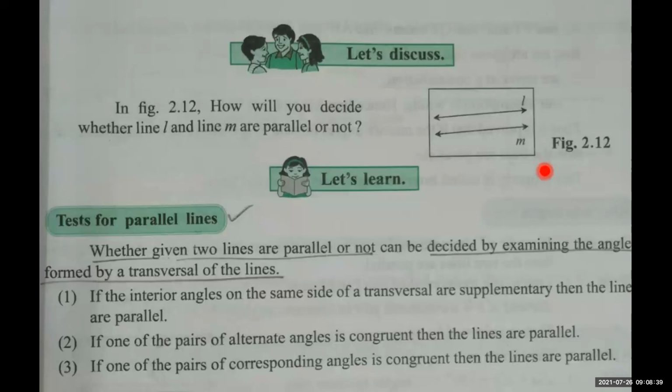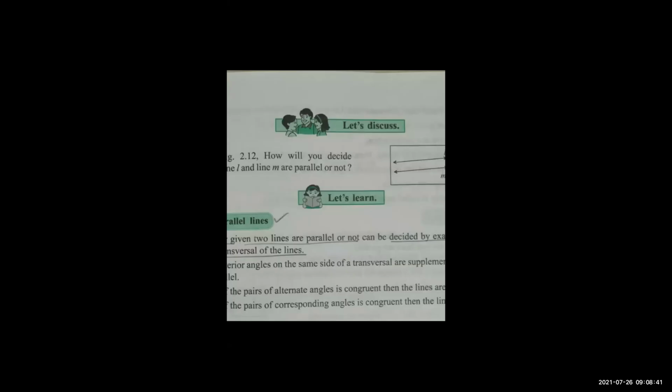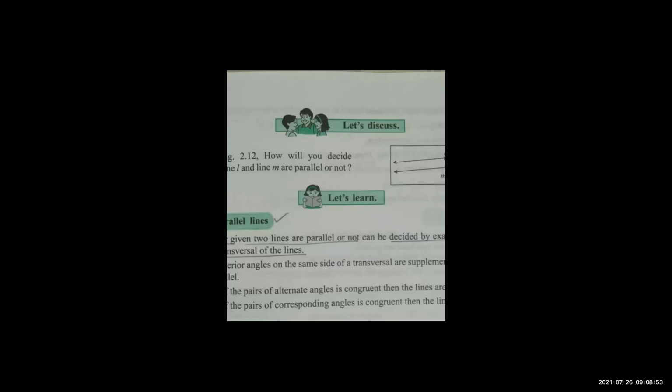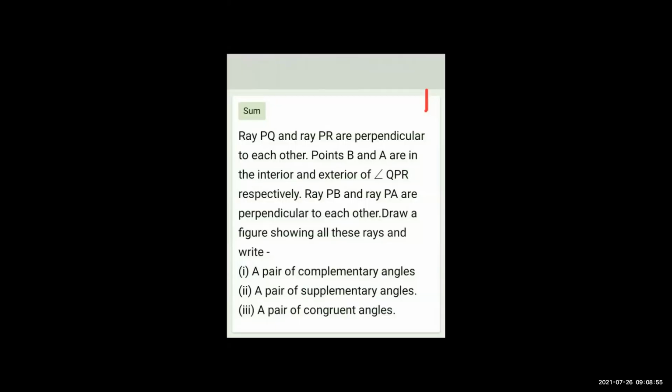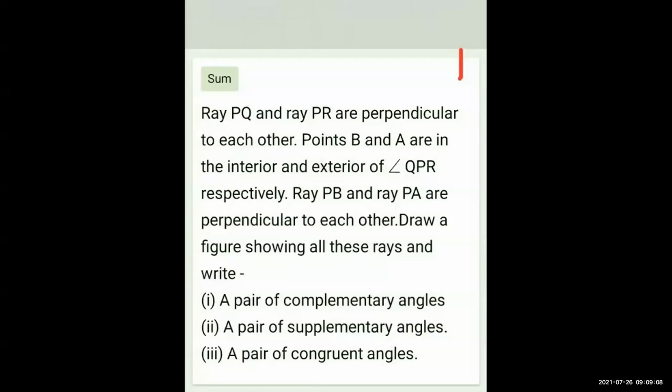So by using all those properties, that was the small revision regarding it. Now we will go to our solution for problem set 2. And the first example here, you can see, is given that ray PQ and ray PR are perpendicular to each other.